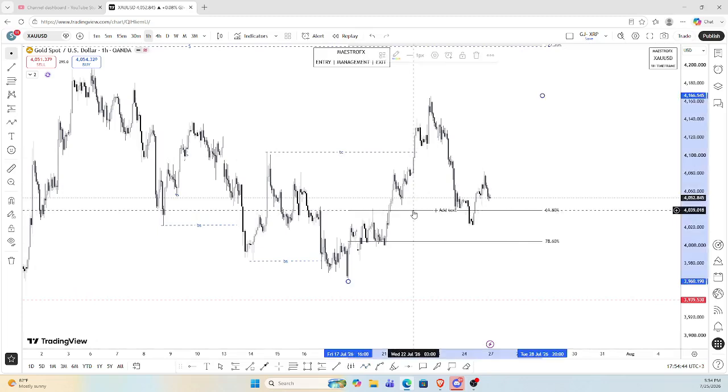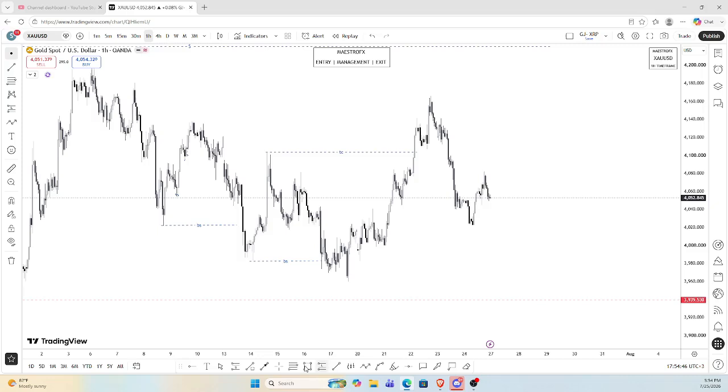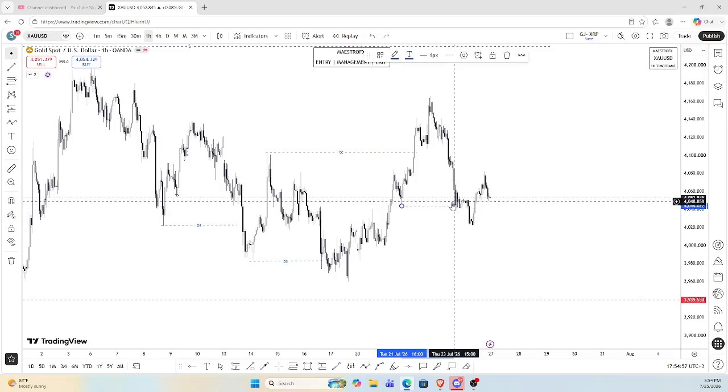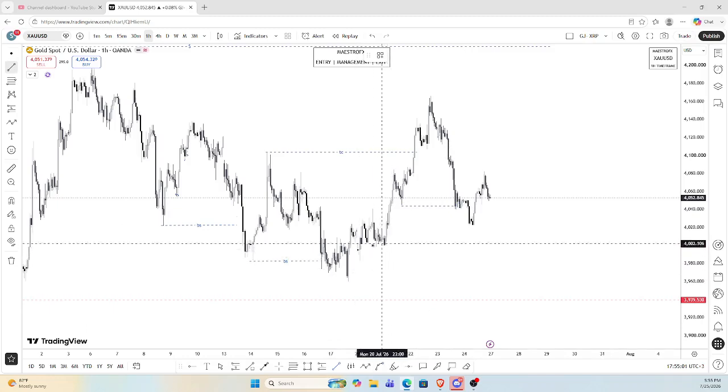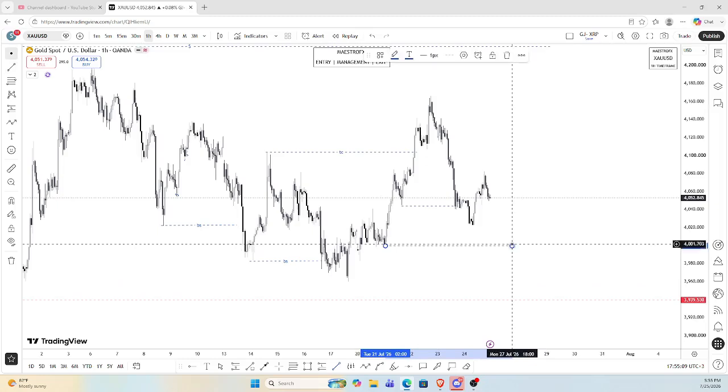Okay, because we can see that on the 1 hour, yes, we had this trend change or CHoCH, and we took this internal liquidity here, but still we have these two internal liquidity, and this internal liquidity here too.